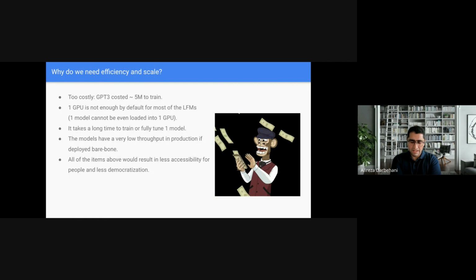Or maybe you even have some data governance and privacy issues and you can't use the APIs, although in their contracts they comply with data governance and security most of the time.